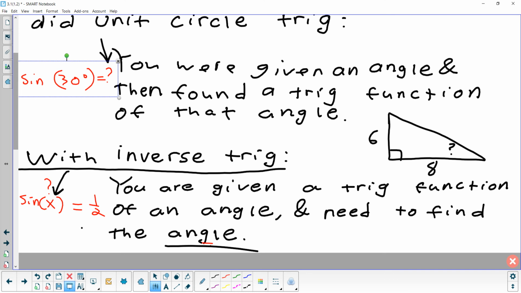Inverse trig will always be used anytime you need to find the angle. That's what inverse trig is used for, to calculate angles. If you need to find a side in a triangle, inverse trig is not going to help at all. To find sides, you can use Pythagorean theorem. That's one thing. And there's something else that I'll teach you tomorrow. Okay, but inverse trig is always used to find an angle. All right, so that's what this is practice for today. Finding angles in a triangle later in the week.